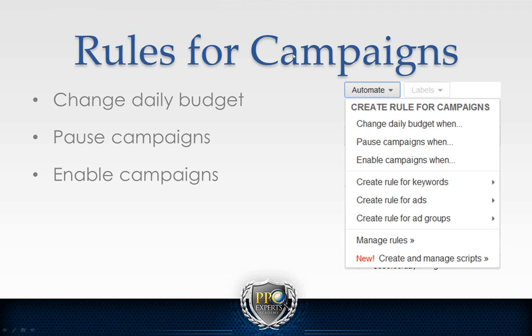So you can see here that when you click the automate button and you're on the campaigns tab, this is what is presented to you. Create rule for campaigns. And you can change your daily budget, you can pause campaigns, and you can also enable campaigns.